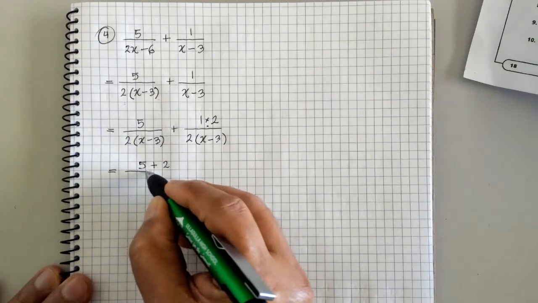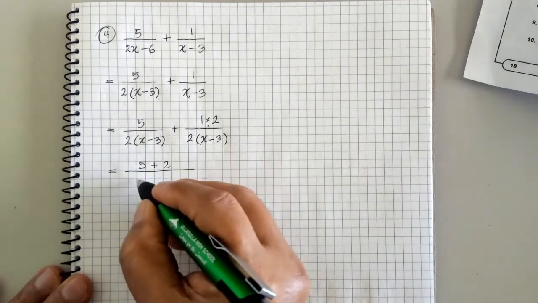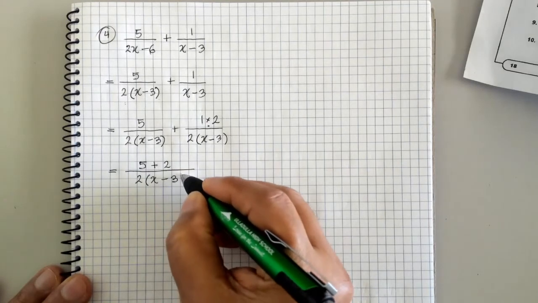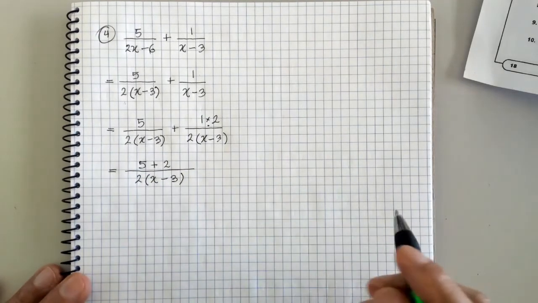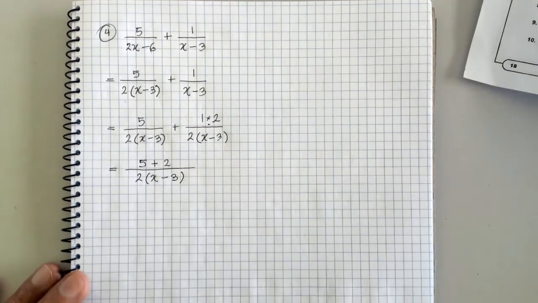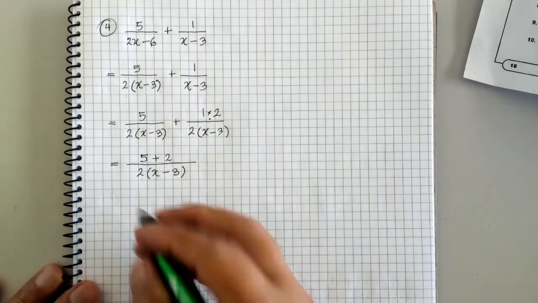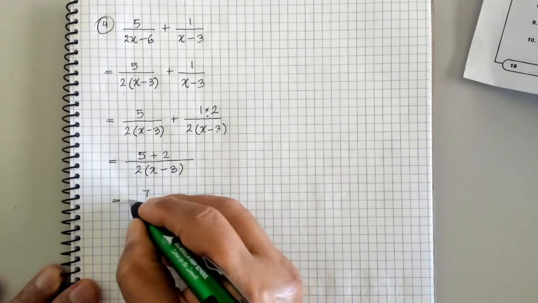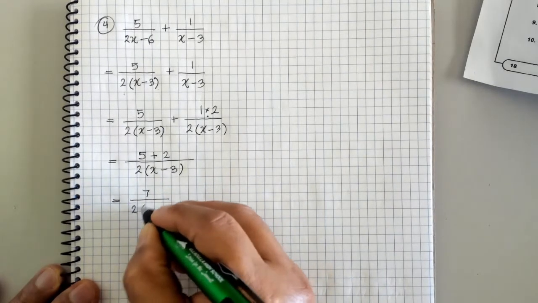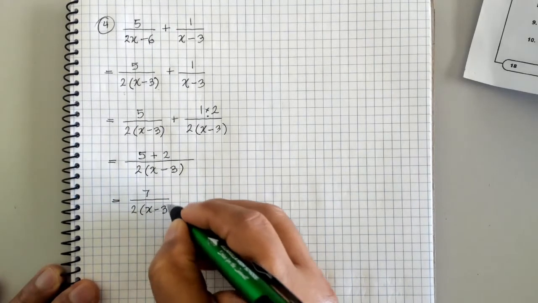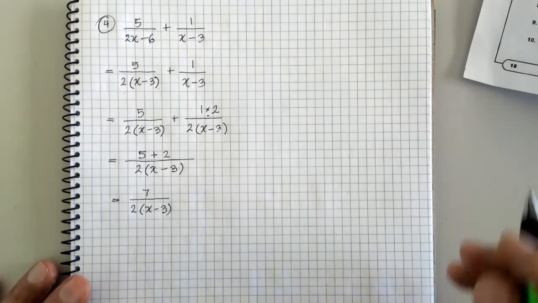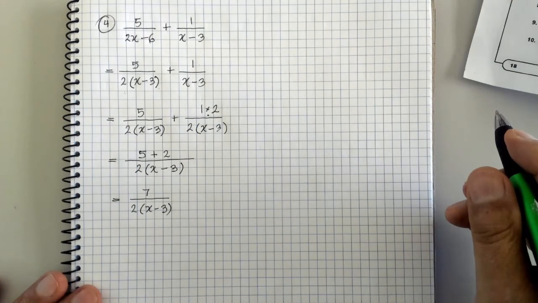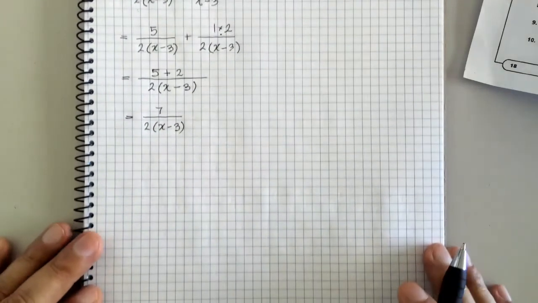And we know that we have the same denominator, so then we can put this together by keeping the same bottom number. Okay, and then we fully simplify. So 5 plus 2 is 7, and we don't need to do anything with the bottom bit. So the answer is 7 divided by 2 times x minus 3.